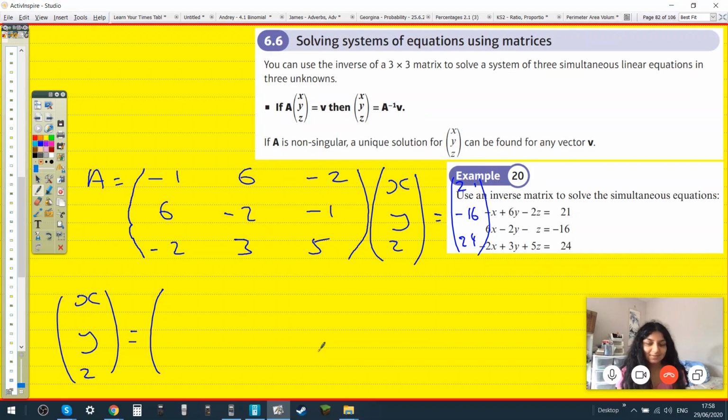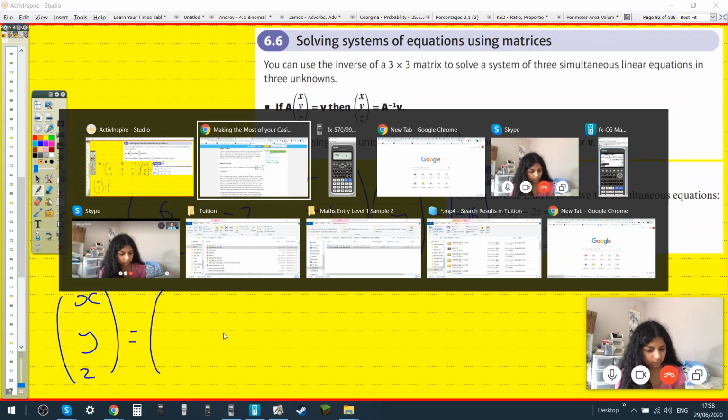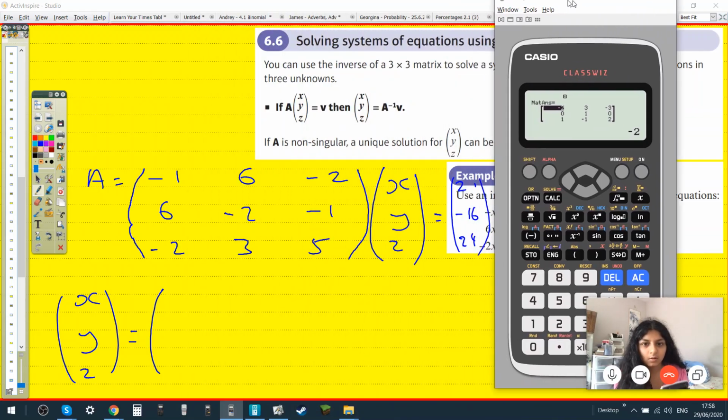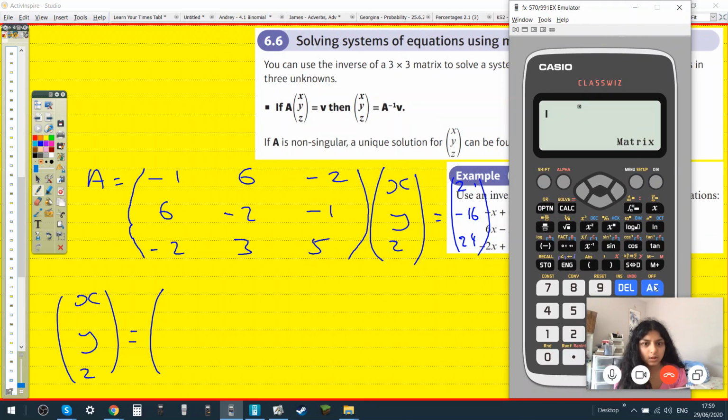So let's do it with this one then. So, inverse of that. This is a minus 1, 6. There we go.